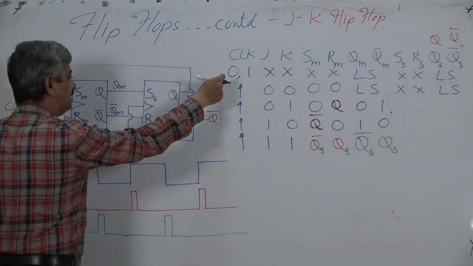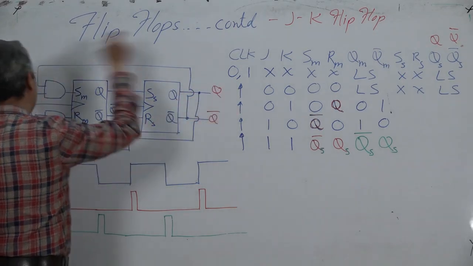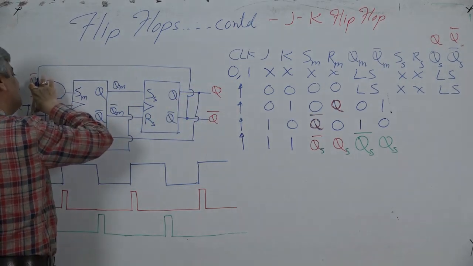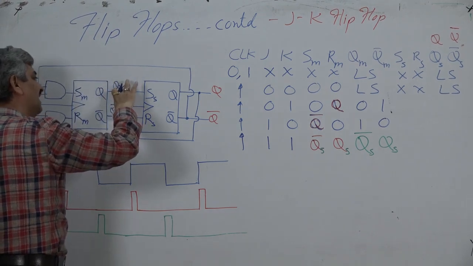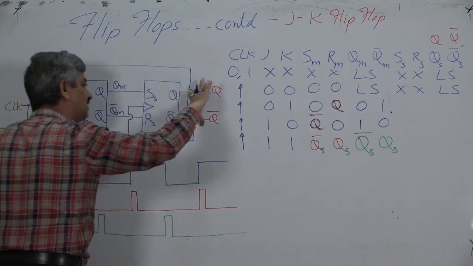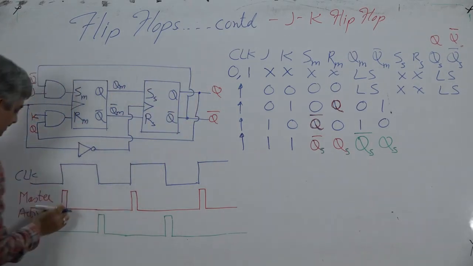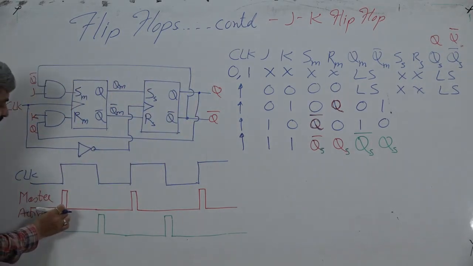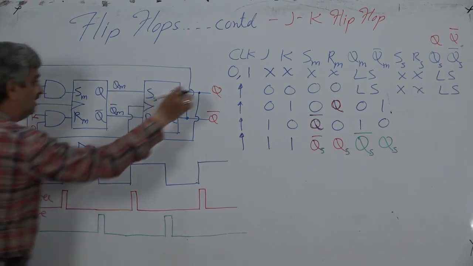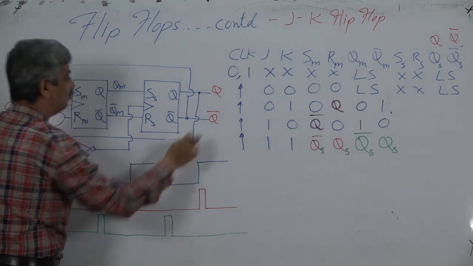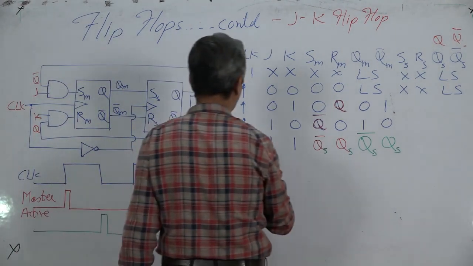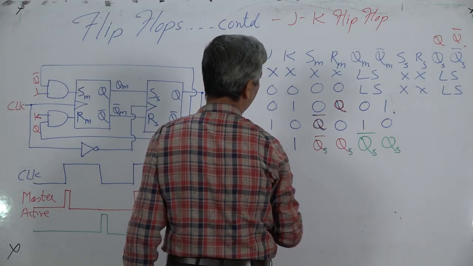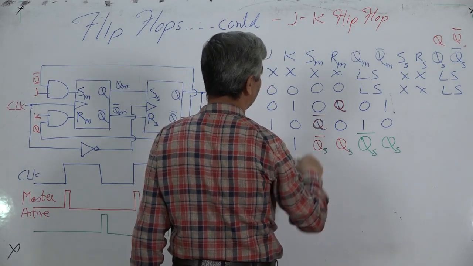So the slave's outputs coming to the master change the intermediate outputs of the master at the rising edge, but at the rising edge these changed outputs don't travel here. So in the small window after the rising edge when the master is active, these outputs are not changing, so toggling happens only once.